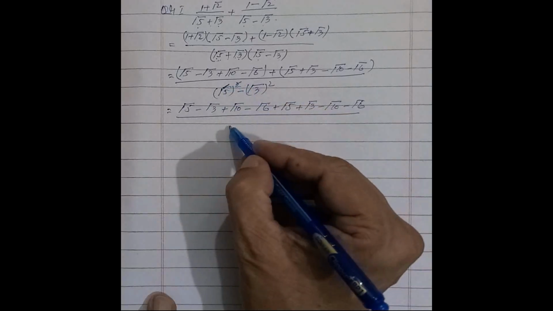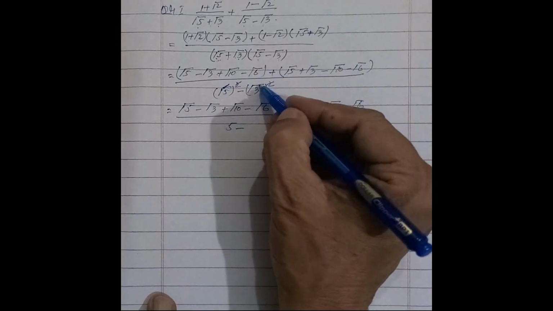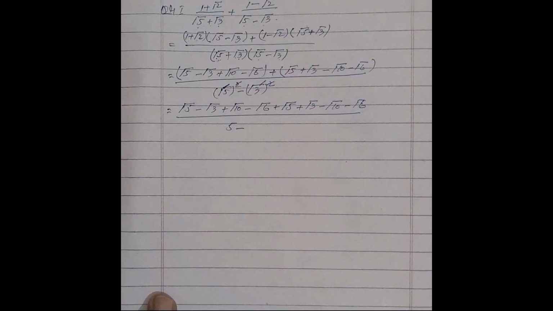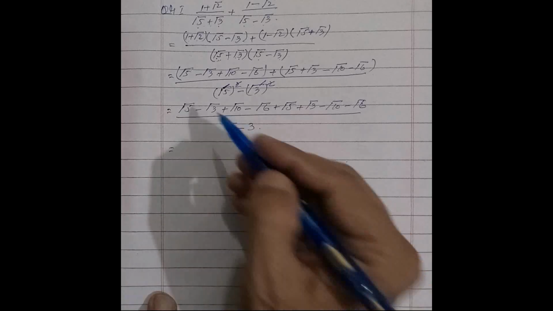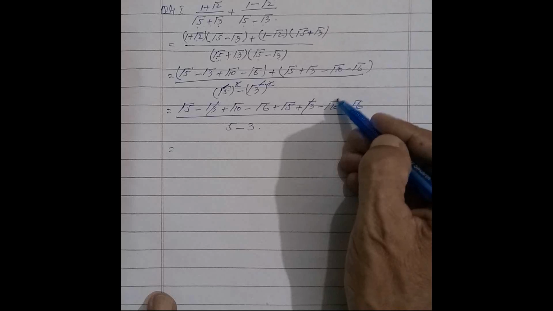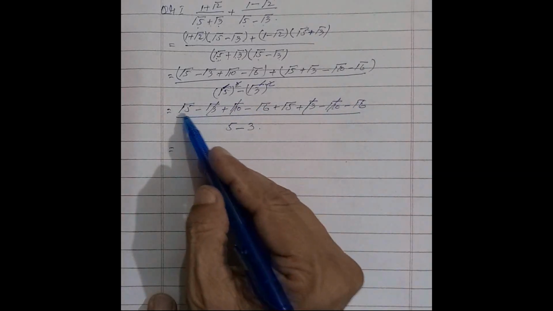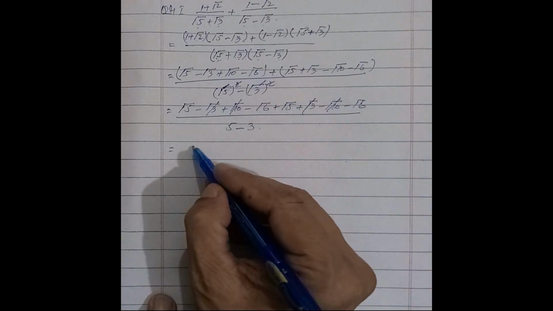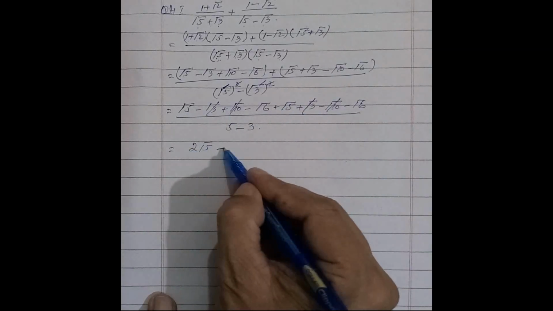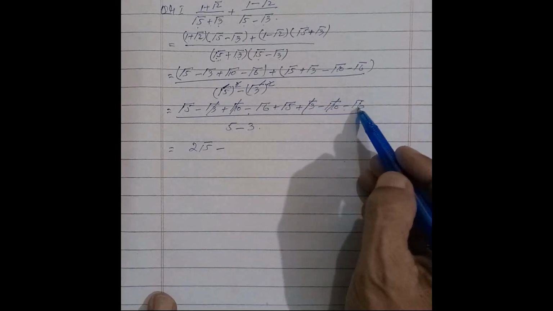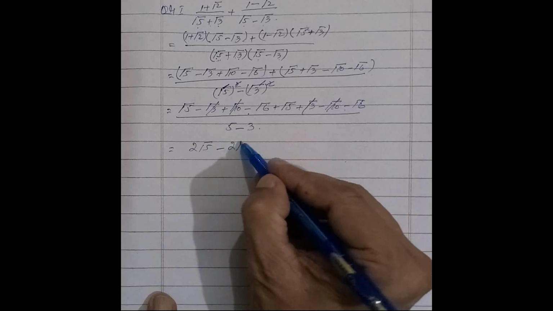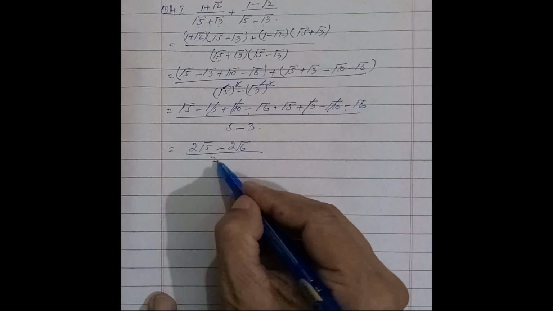square and square root cancel each other, we have 5 minus, same, square and square root cancel each other, we have 3. Now we simplify these values: minus square root 3 cancels with plus square root 3, minus square root 10 cancels with plus square root 10, and the answer is square root 5 plus square root 5 is equal to 2 square root 5, minus square root 6 and minus square root 6, which is 2 into square root 6, over 2.